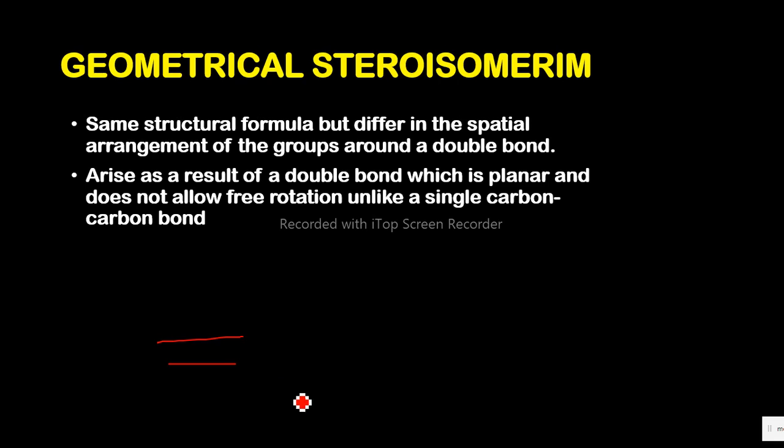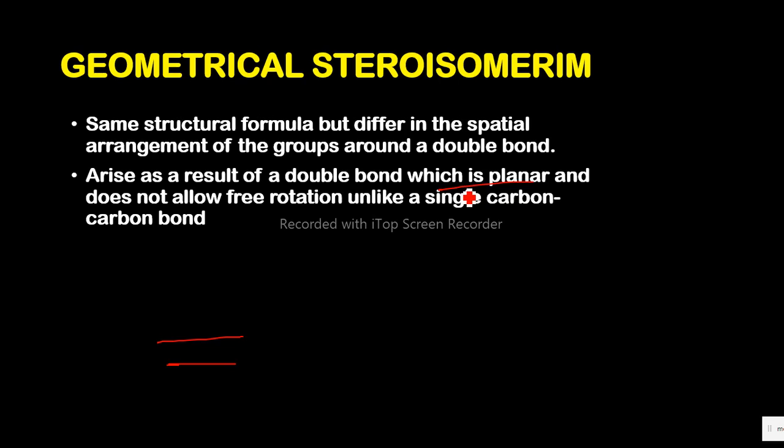So even this double bond gives that planarity within a molecule, and this double bond does not allow free rotation of these atoms in that compound, unlike a single bond. So there is restricted rotation of these atoms across the double bond.